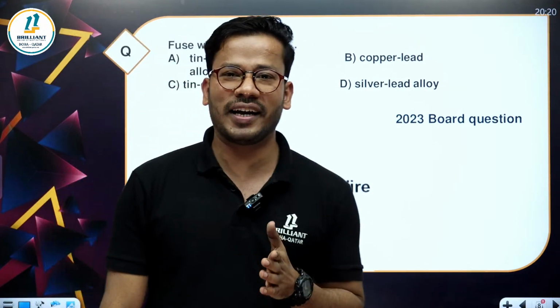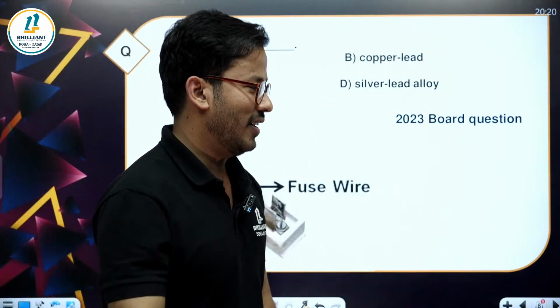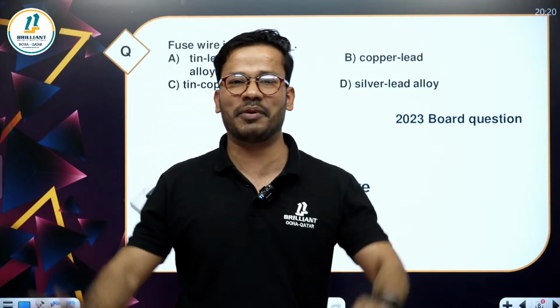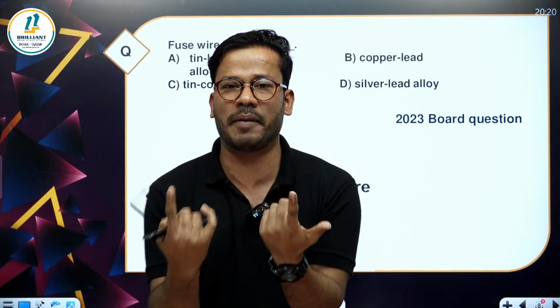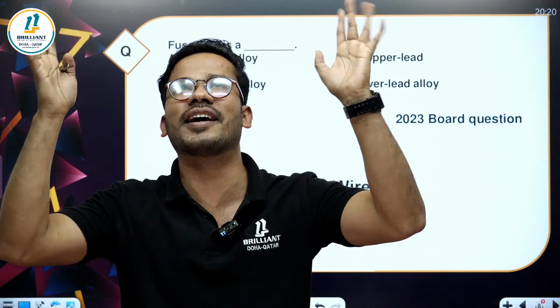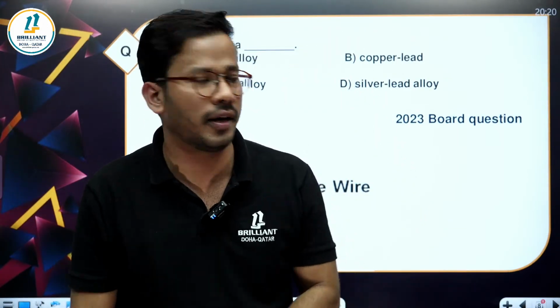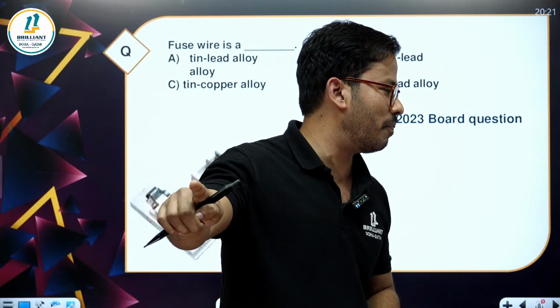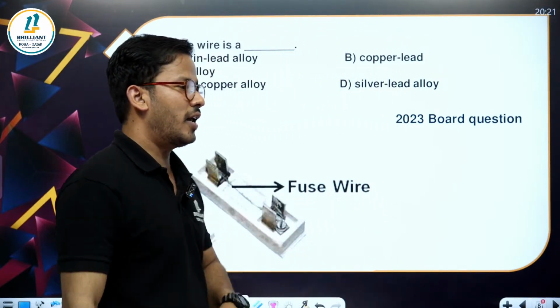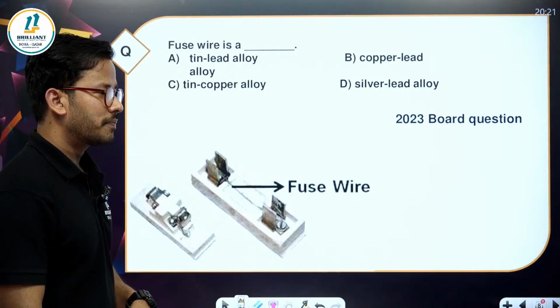You guys study properly. Otherwise, in the exam, the paper will come out and surprise you, like that, with a new question. You don't know anything because you didn't study properly, right? So please study and stay tuned with us, right?